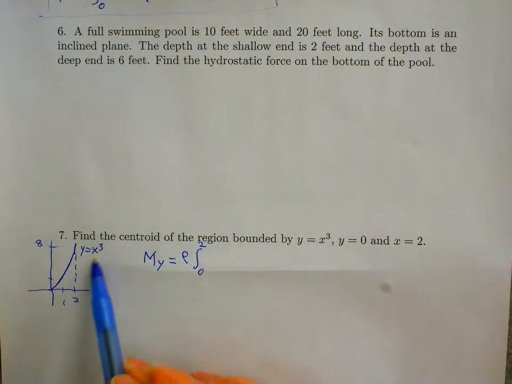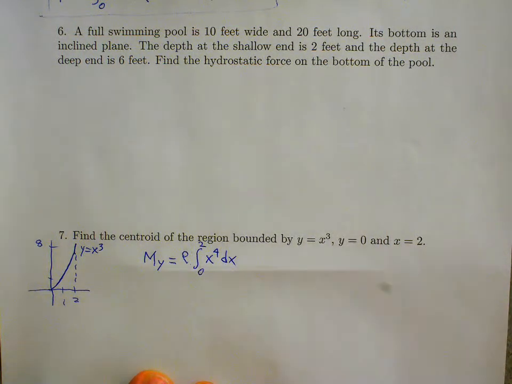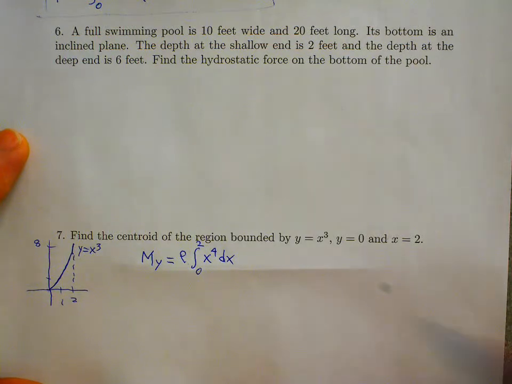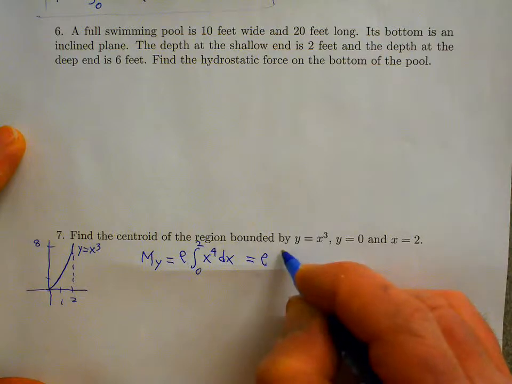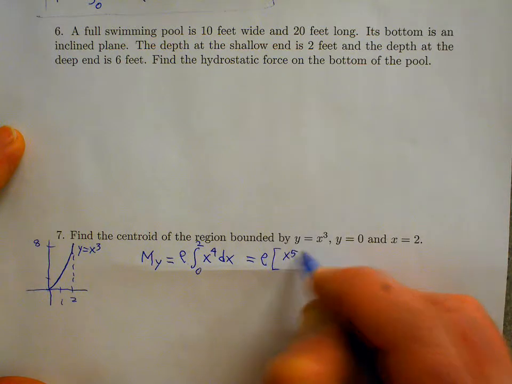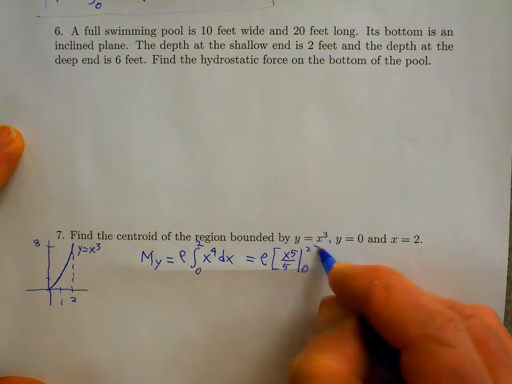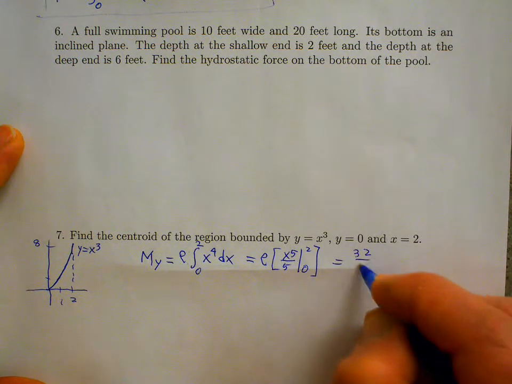So our f of x is x to the third, so x times x to the third is x to the fourth dx. Okay, so this one's pretty simple to find. Rho times x to the fifth divided by 5 from 0 to 2, or 32 fifths times rho.